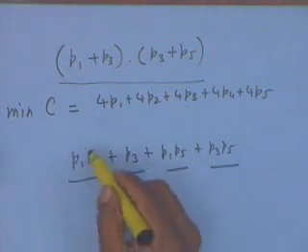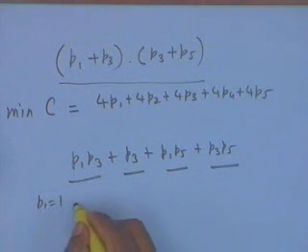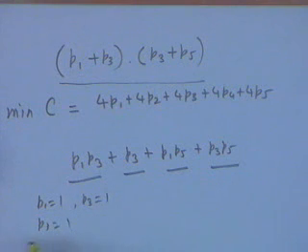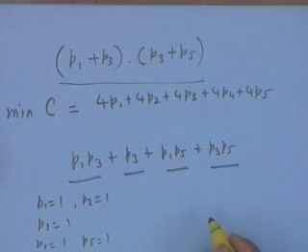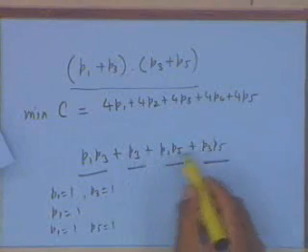And for this expression to evaluate to true, I can have P1 equal to 1 and P3 equal to 1, or P3 equal to 1, or P1 equal to 1 and P5 equal to 1. Of course, this will get eliminated because P3 is 1 plus P5.